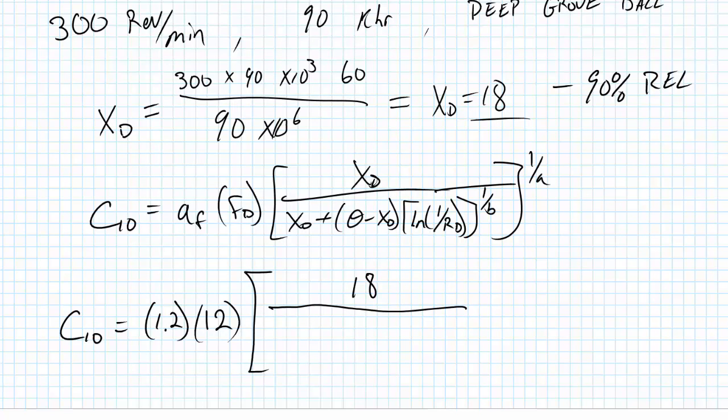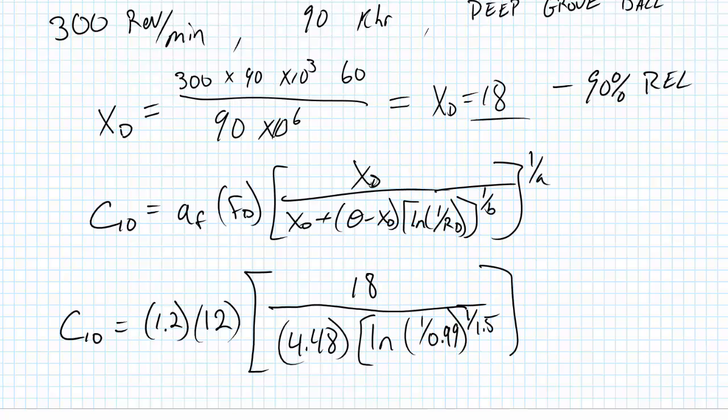So x naught is 0, so we just have the theta value, 4.48, multiplied times the ln of 1 over 0.99, the reliability we wanted, raised to the 1 over 1.5, that's the beta parameter, and all of that raised to 1 over 3. And again, we're using ball bearings, so a will be 3 in this situation.